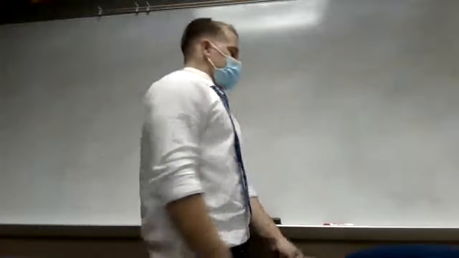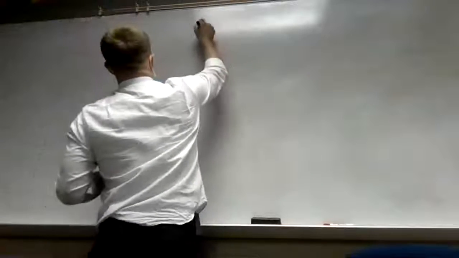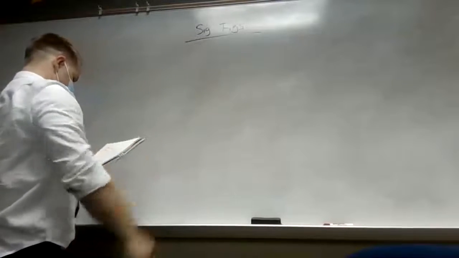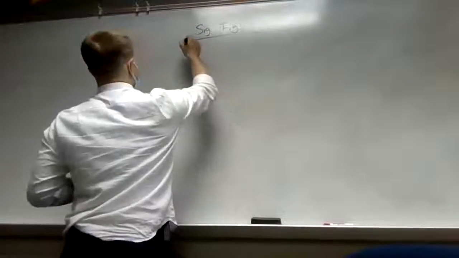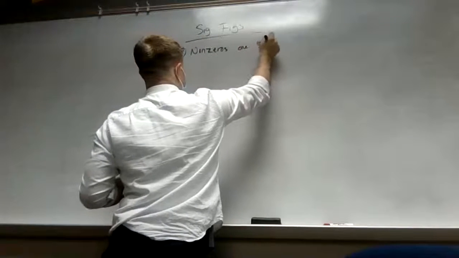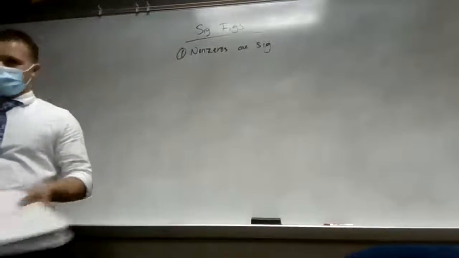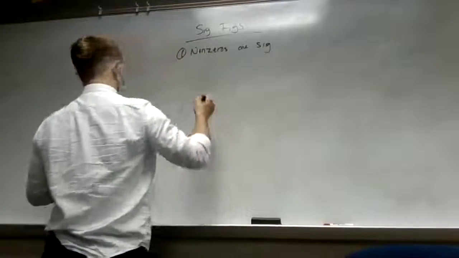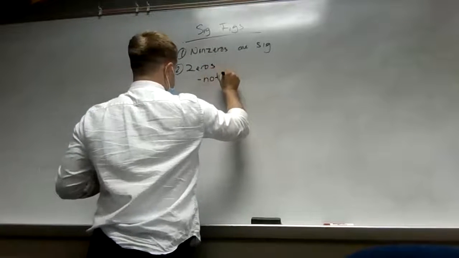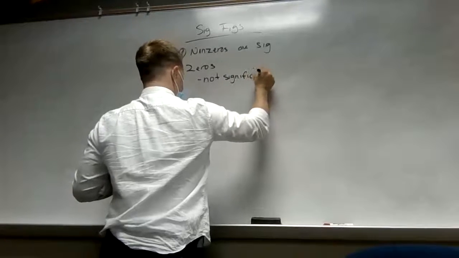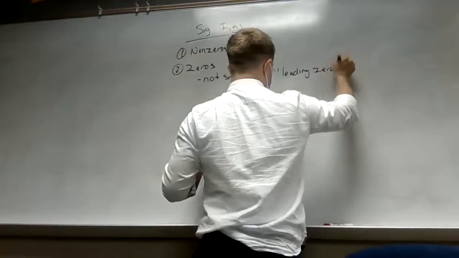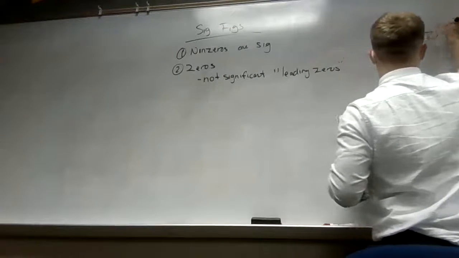Okay? So, sig figs. Number one rule, your non-zeros are significant. Now for your zeros. The zeros are not significant when they are leading zeros. You can put as many zeros in front of a number as you want.